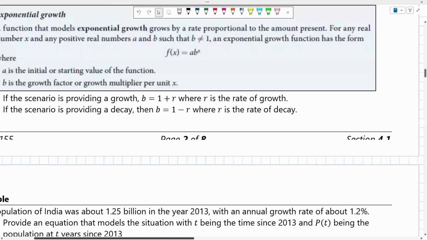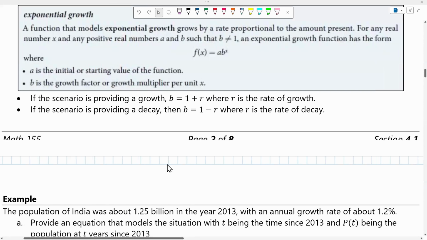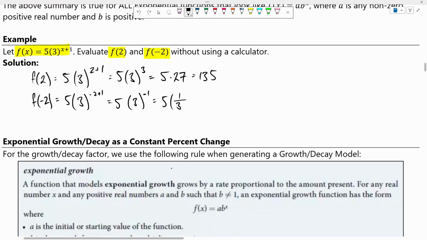Sorry, I have all this technology, but when I hit undo, it wants to change the screen. So the answer is 5 over 3. This is how you compute it without using a calculator.